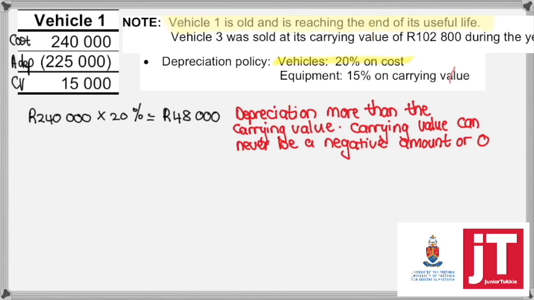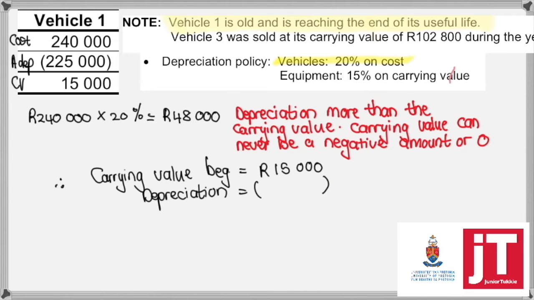So when this happens and when they tell you that it reached the end of its useful life, it means that we need to take the carrying value in the beginning, which is 15,000. We say minus depreciation equals the carrying value at the end.